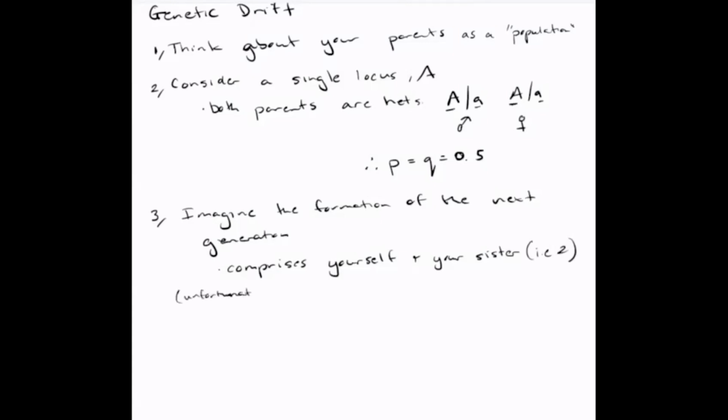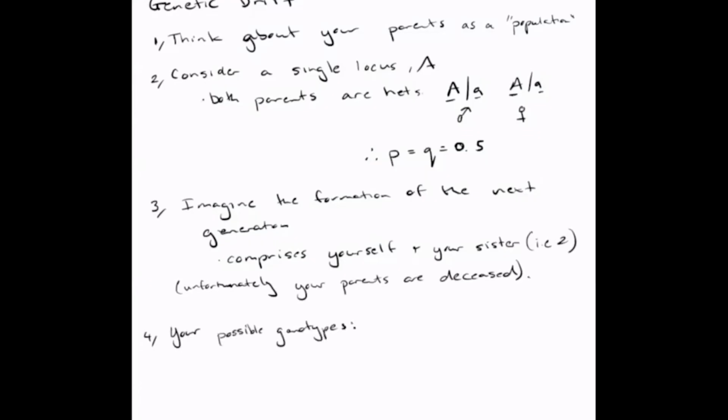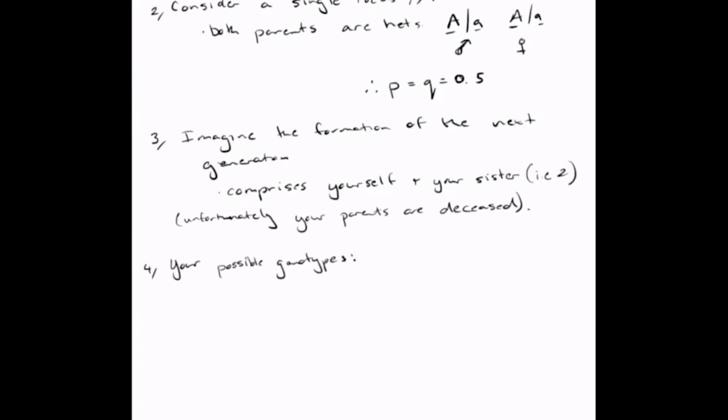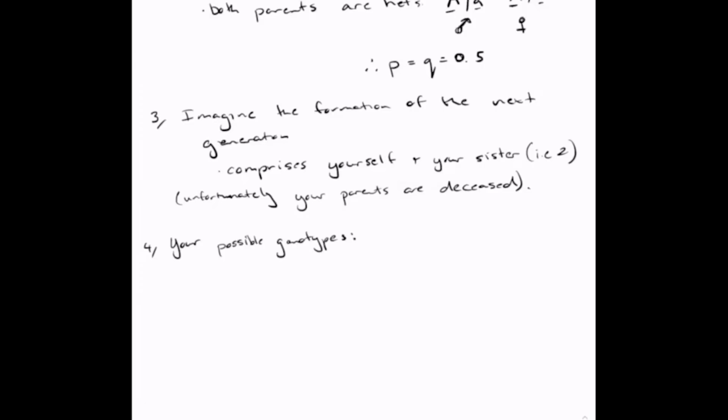So there's only you and your sister left in the world. All right, so let's think about what your possible genotypes are, given that your dad was a heterozygote and your mom was a heterozygote at the A locus. So you could be big A, big A, or big A, little a, or little a, little a, okay?